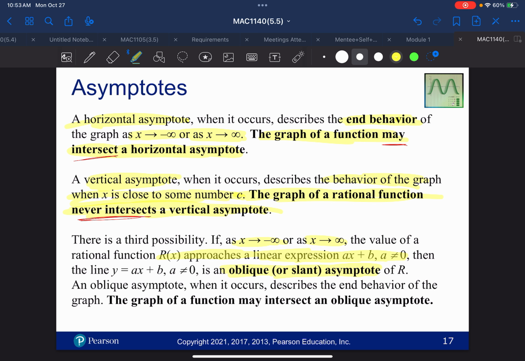So the end behavior will mimic that of a linear expression. There could be some curves and turning points in the middle, but towards the end, they're just flattening out and looking like some linear function. And the graph of a function may intersect an oblique asymptote. So they can intersect an oblique or a horizontal, but never a vertical.